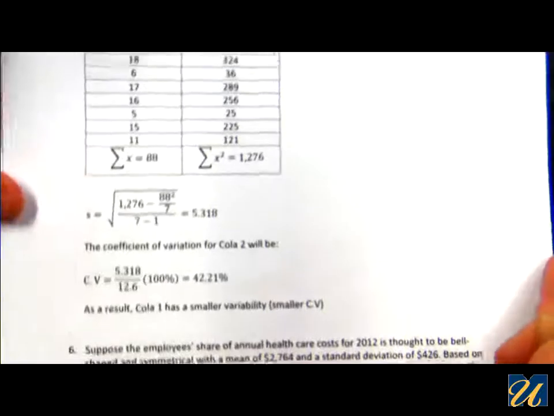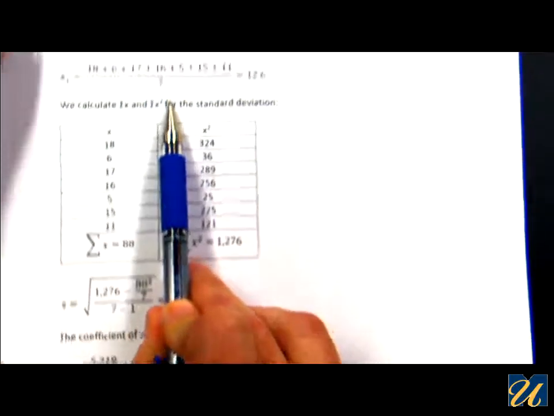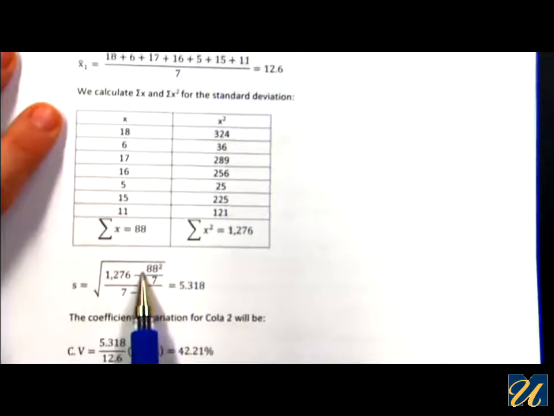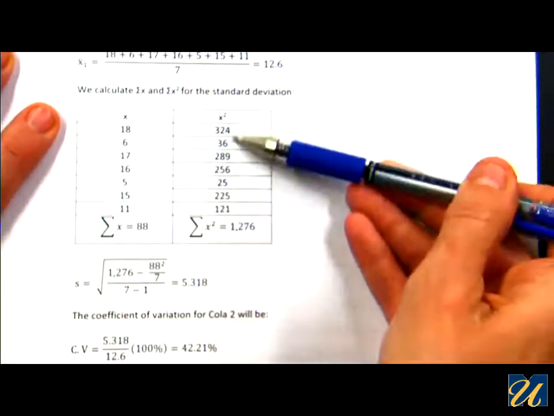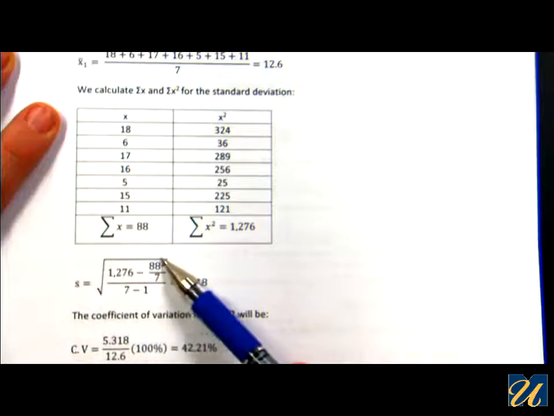We repeat the same process for the second set, which means we add all the entries, we divide by 7, the average is 12.6. We find the standard deviation by taking the summation of all the entries, the summation of all the square entries, plug it in the formula for the variance, and then taking the square root of that to find the standard deviation.